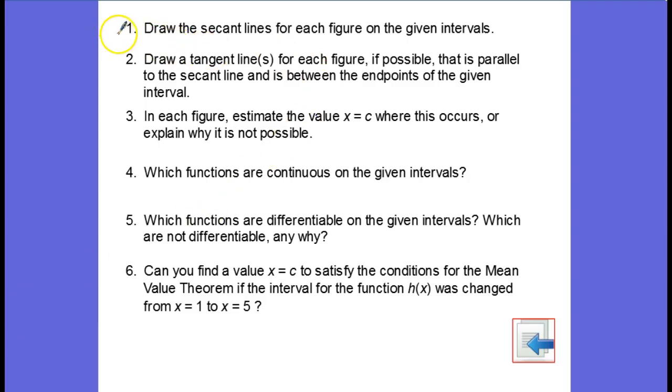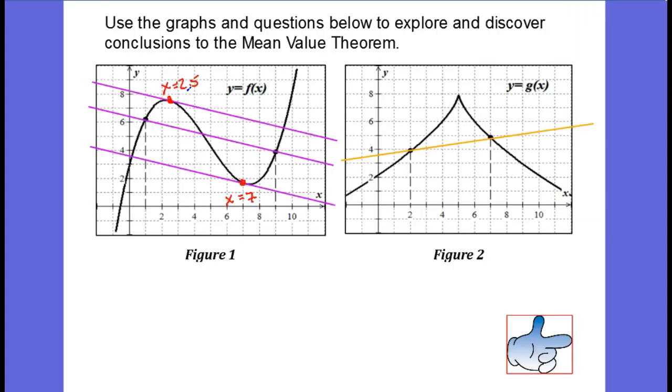So we've drawn our secant lines. We have drawn our tangent lines when possible. We have estimated the value of x equals c where this occurs. Explain why it's not possible. So let's take a look. So for figure 1, we had x equals 2.5 and x equals 7.